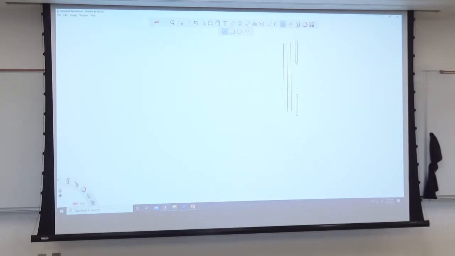There is this light hitting this gap, and each and every point on that wavefront acts as a source of light. That's the Huygens principle. So these are all the sources of light.